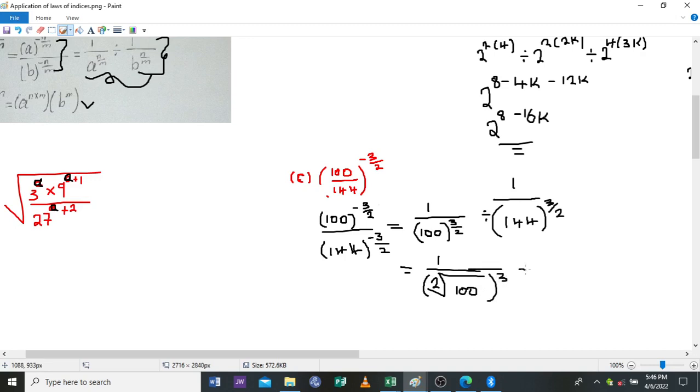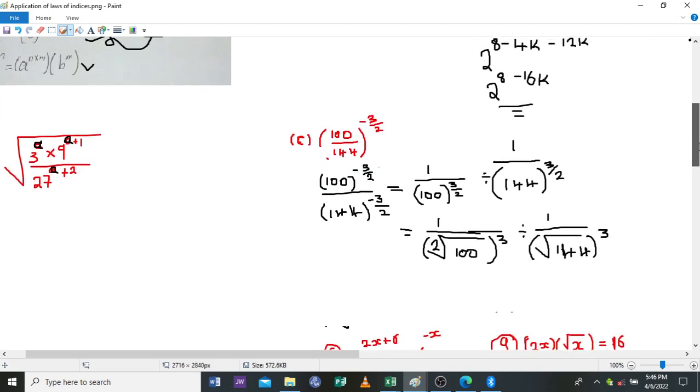Now, this is being divided by 1 over the square root again of 144, the square root of 144. Now this is raised again to the power 3. Good. Hope you are following, right?